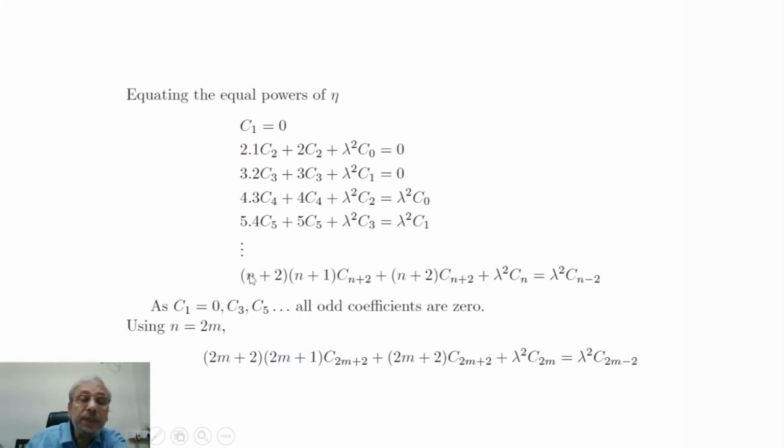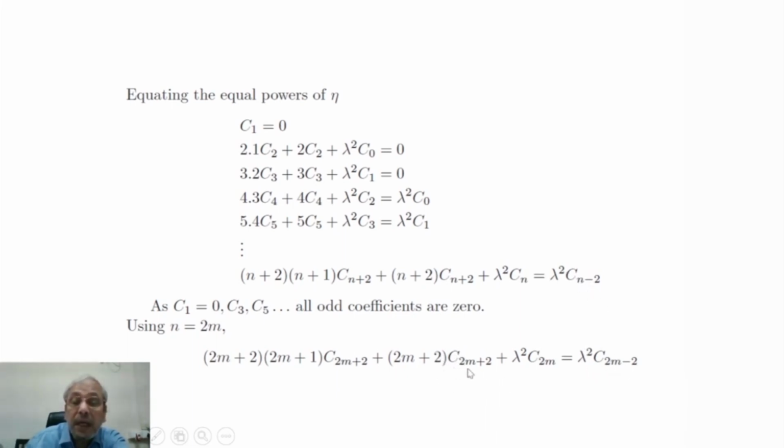If we substitute n equal to twice m, we will get twice m plus 2 into twice m plus 1, C twice m plus 2 plus twice m plus 2 into C twice m plus 2 plus lambda square C twice m equal to lambda square C twice m minus 2.